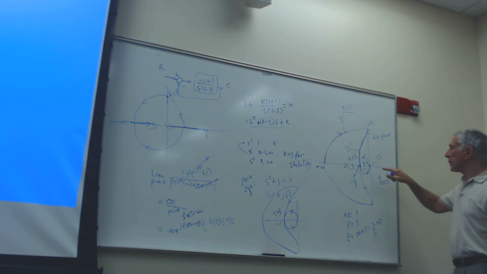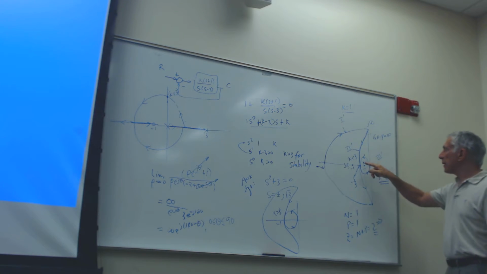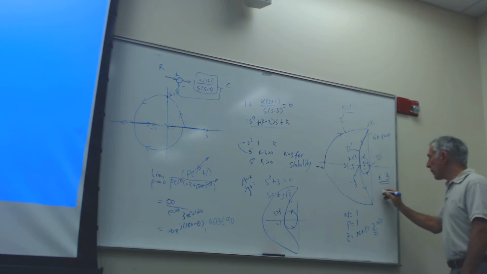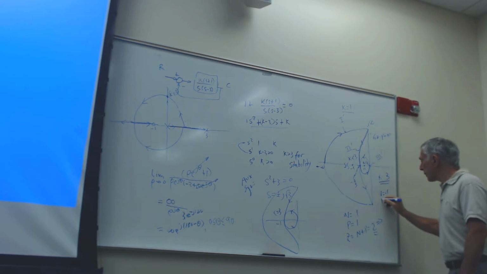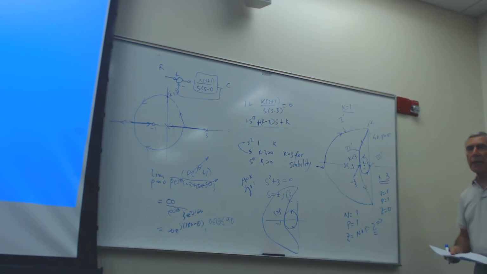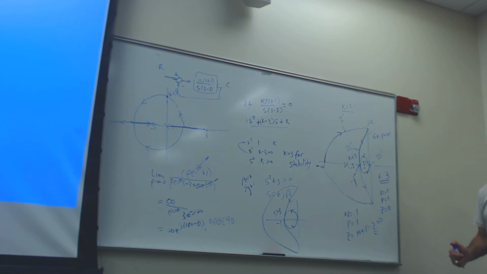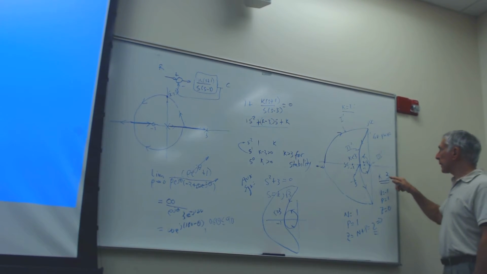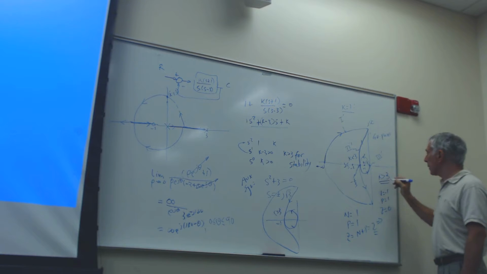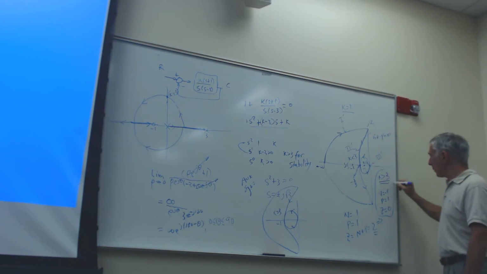Okay. And so there, what is the n value? N is -1, right? So n is -1, p equals 1, z is equal to 0. So stable, okay? For any k greater than 3, we have this.